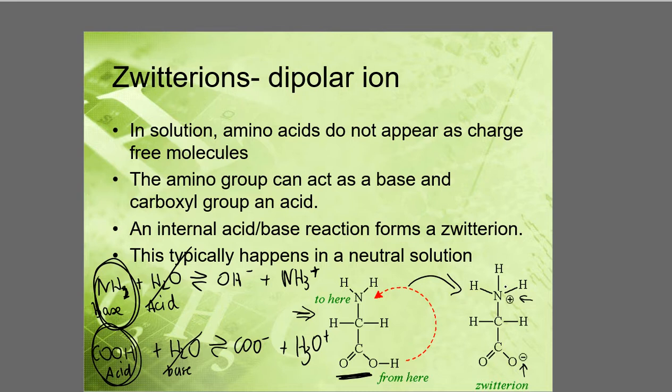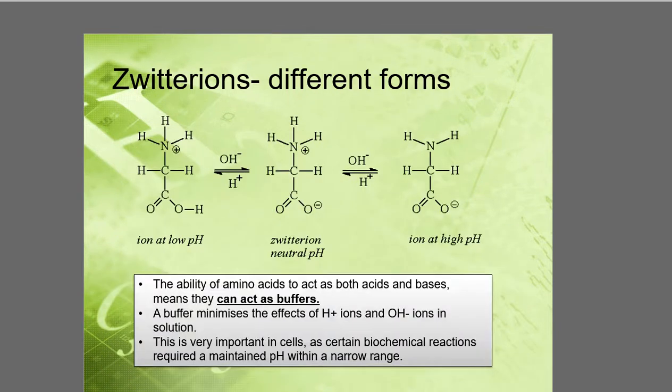Okay, so in a solution, we see this behavior occur all the time. Now, this is an example of a neutral solution, so like a pH of 7, basically. As we start to change what the solution looks like, the behavior of the acid and base can also change.